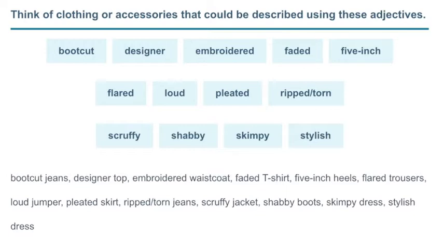Then pleated is very specific. Ripped or torn could be used for many items of clothing as well, yeah. But in general you find it with jeans. Ripped or torn jeans, that's the general rule. And then skimpy, well, you use it for anything that you're wearing that is very, very small, but on purpose, right? So now let's move on to the next activity.